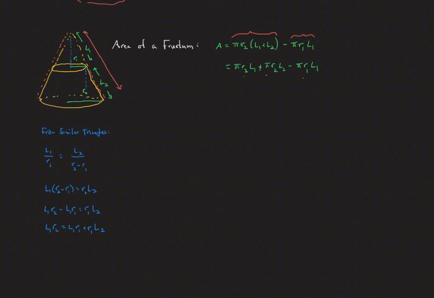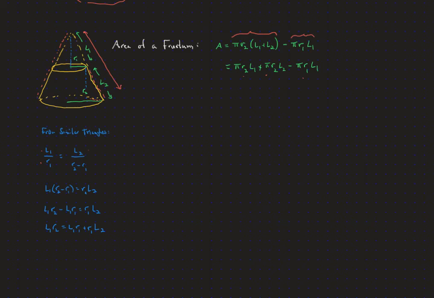So in the little triangle up on top, we get L1 over R1 is equal to, in the triangle in the lower right-hand corner, L2 over, and this distance across here is going to be R sub 2, the radius on the base of the frustum, minus R1, the radius of the circle at the top of the frustum.